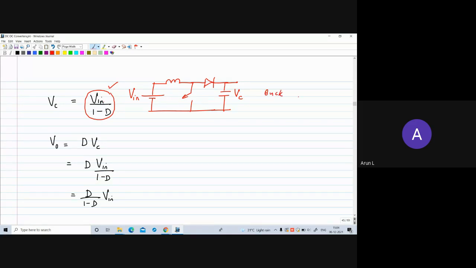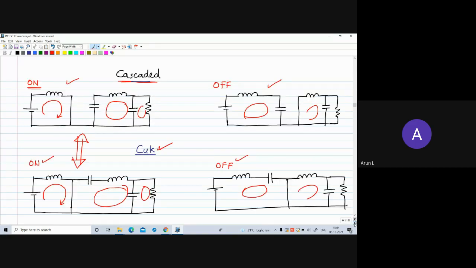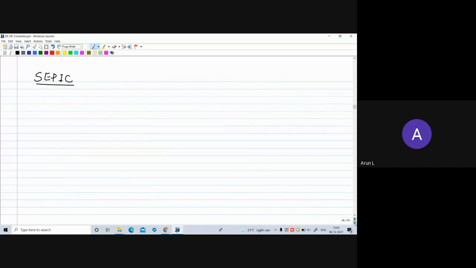So in the buck stage, output will be duty cycle times the input voltage. The input voltage to the buck stage is Vc. So D into Vc. So we will get D by 1 minus D into V in. Whenever D by 1 minus D comes, we have both buck and boost capabilities. Output voltage can be greater than input or less than input. So essentially, the Cuk converter is a cascaded combination of buck and boost converter with the identical firing given to both the switches.